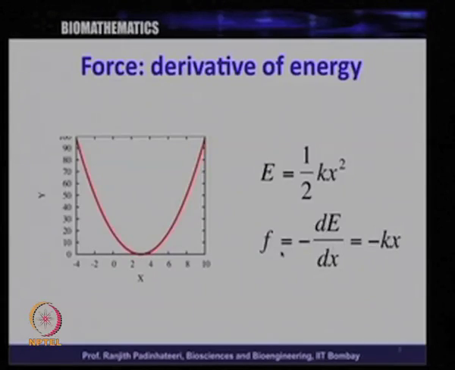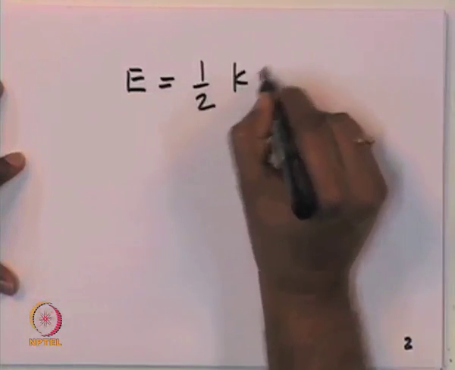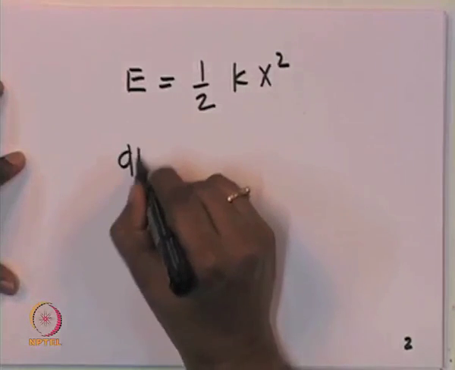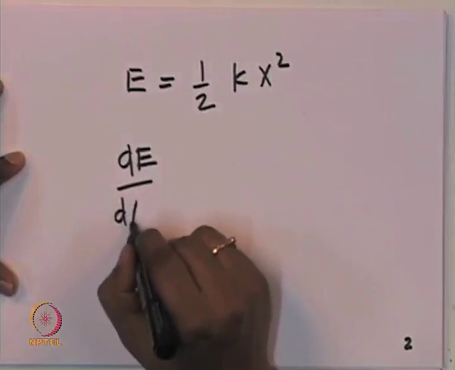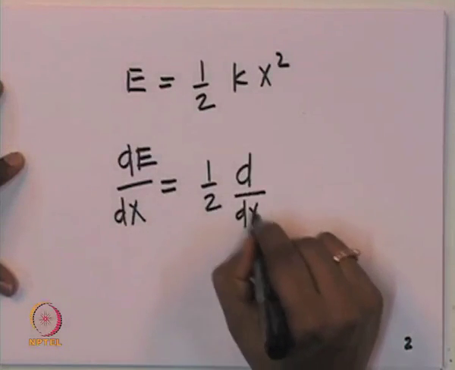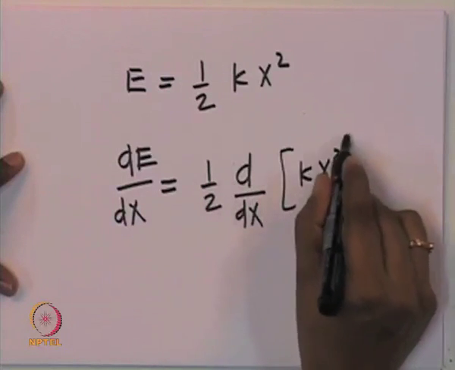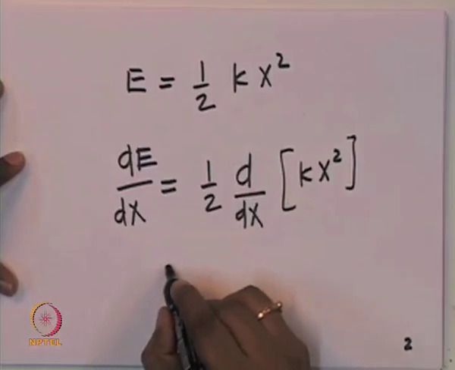Let us see first what is the derivative of half k x square. E is equal to half k x square, so dE by dx is half times d by dx. Half is a constant, so you can take it outside. k is also a constant, so you can take k outside as well.